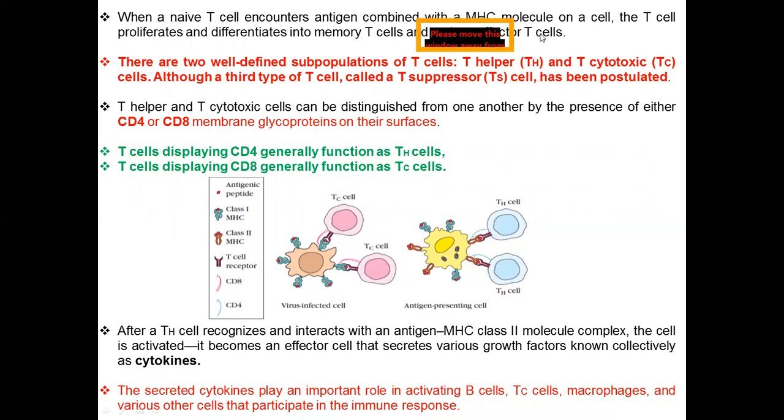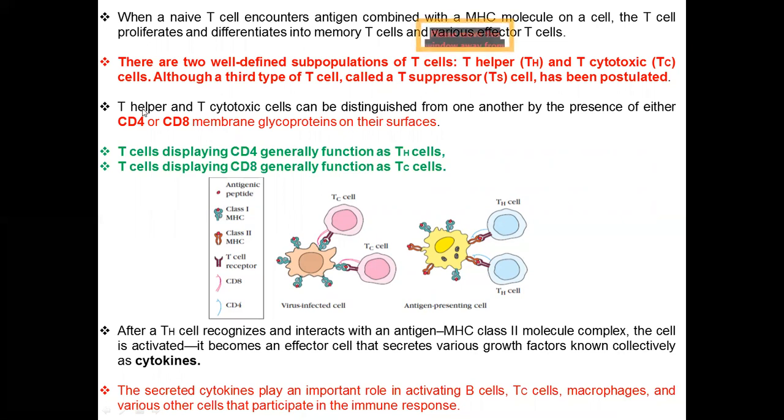Now this effector T cell again has two well defined subpopulations, called T helper cells and T cytotoxic cells. There is another type of cell called the T suppressor cell, which plays a major role in cancer.